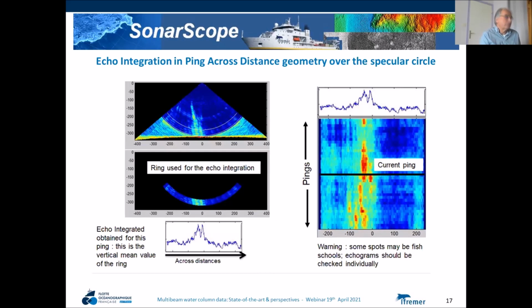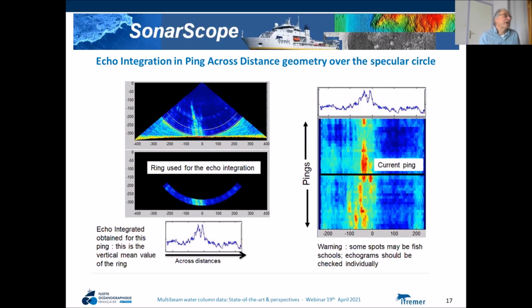Let us detail now how the eco-integration is processed. We saw that the usable part of data is over the specular cycle, but the gas plumes or hydrothermal sites require to observe the data as near as possible of the seafloor.